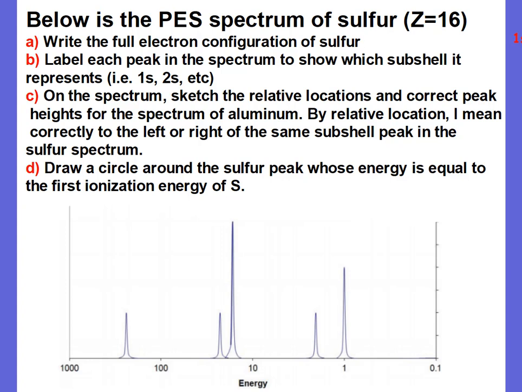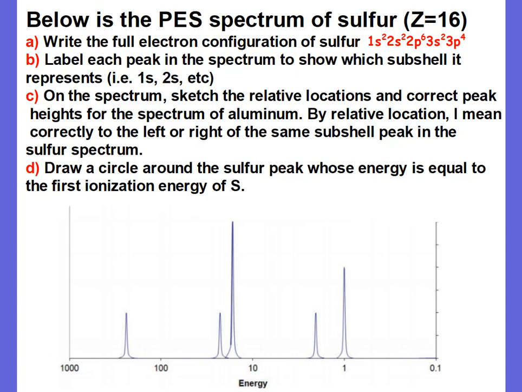Go ahead and solve these 4 and restart when you have these 4 done. So the first question was just the full electron configuration for sulfur. So you had to have 1s2, 2s2, 2p6, 3s2, 3p4. You had to do it starting with 1s.